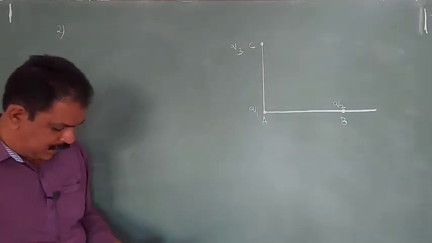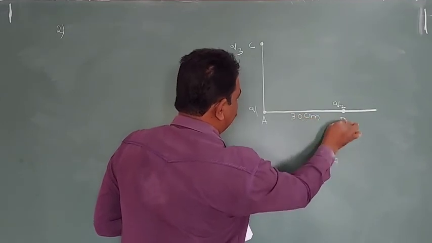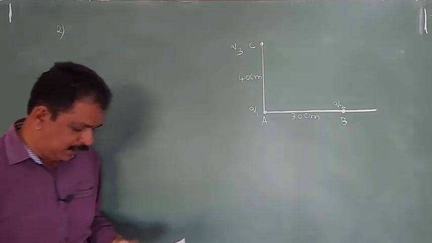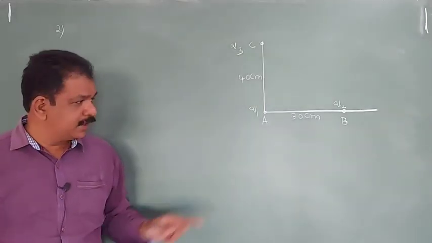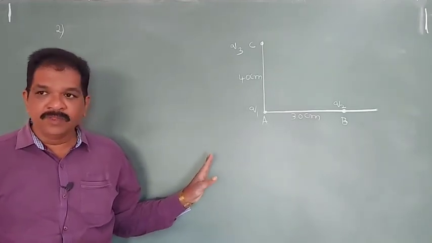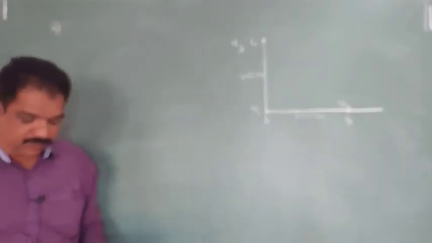These distances are, this is 30 centimeter, in between these two 40 centimeter. Two charges Q1 and Q2 are placed 30 centimeter apart as shown in the figure.